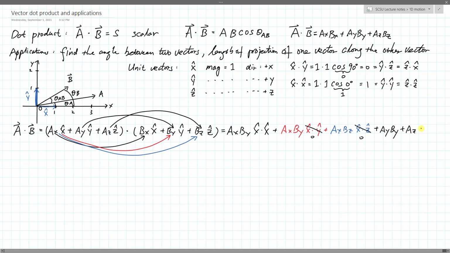You get this non-zero thing here. So what we have left, this is equal to 1, this is equal to 1. So we have a_x b_x, a_y b_y, and here a_z b_z. All the other terms, we can call them cross terms, are 0. So that proved this formula works.